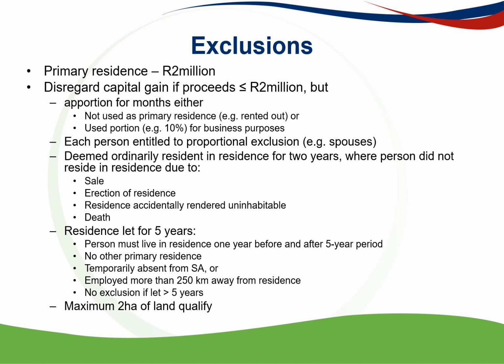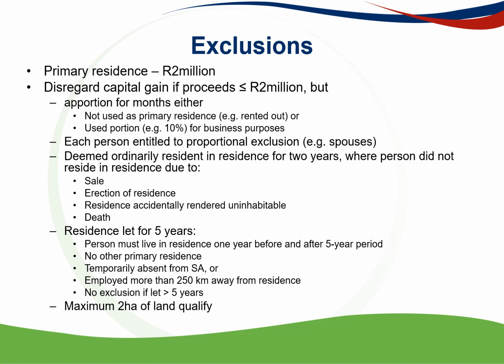So when it was rented out or used for business purposes, that number of months it was used otherwise, in relation to the total number of months the taxpayer owned the primary residence, that portion will be subject to capital gains tax, as well as the percentage that was used for business purposes.